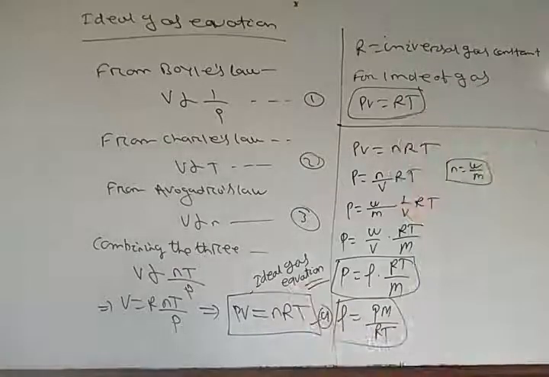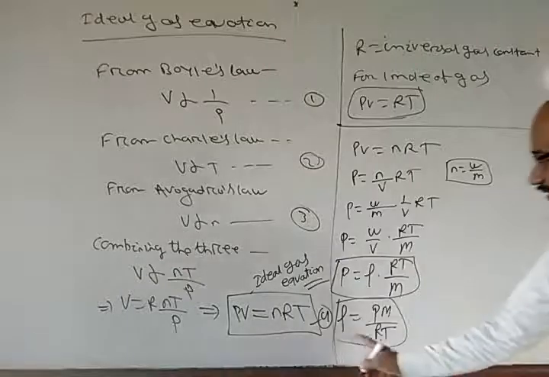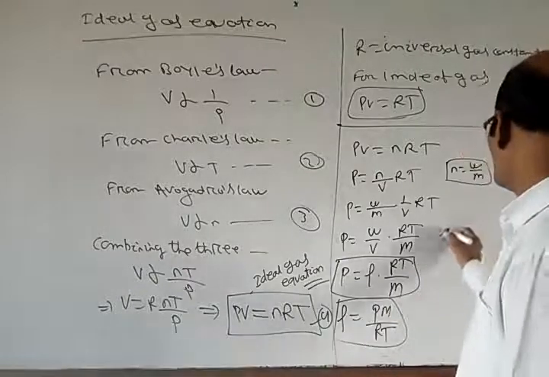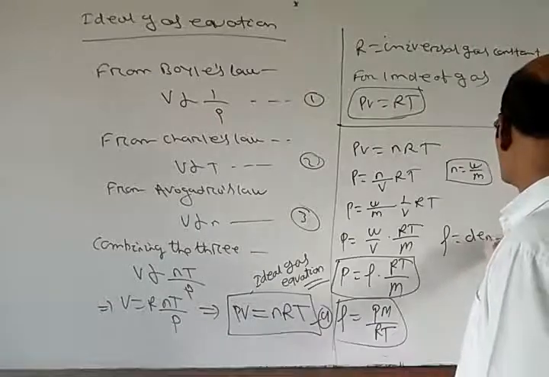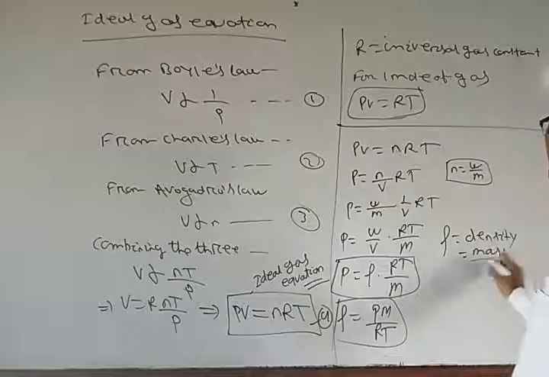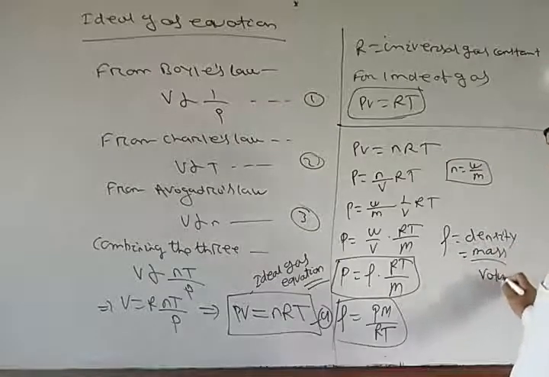That means we can also find out the density of the gas. Here rho is the density, mass by volume.